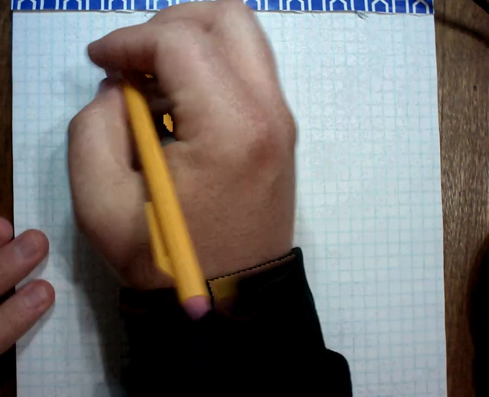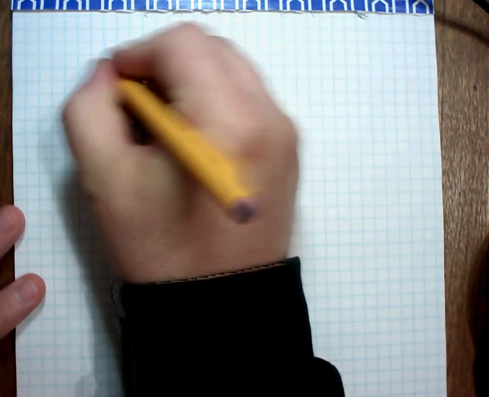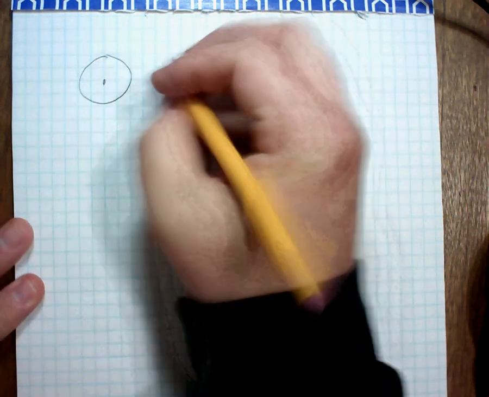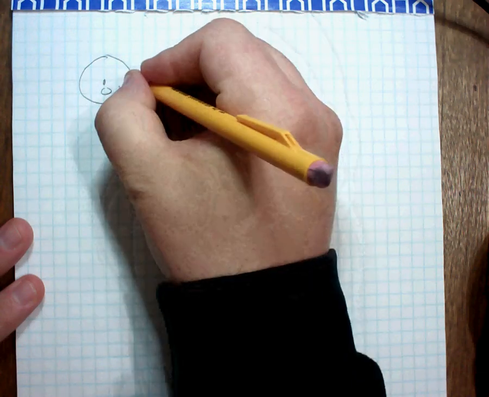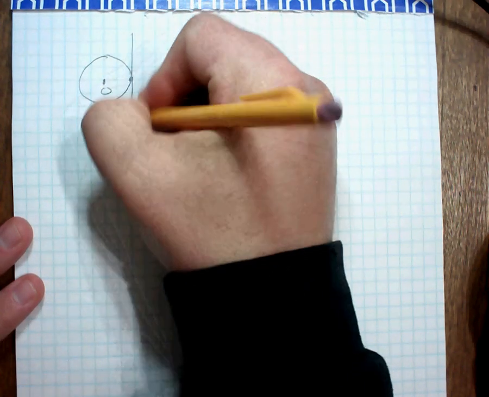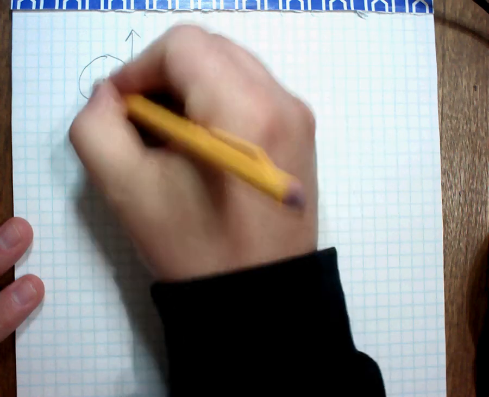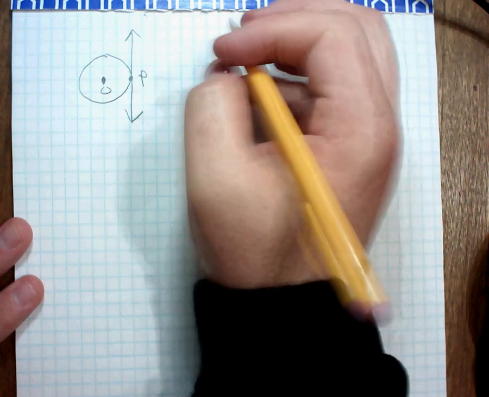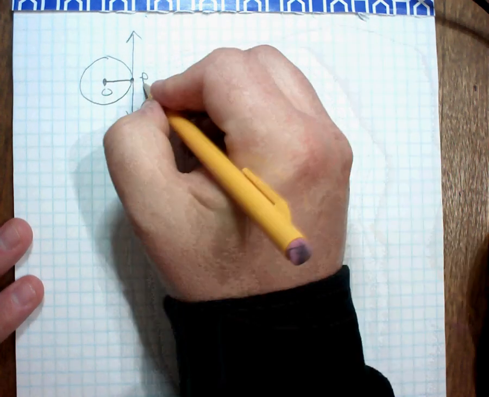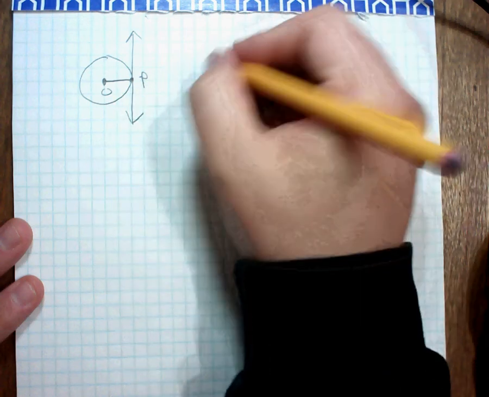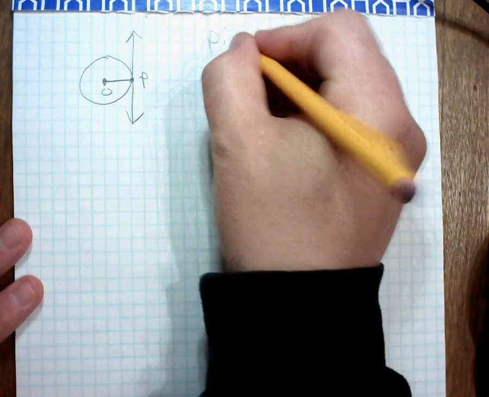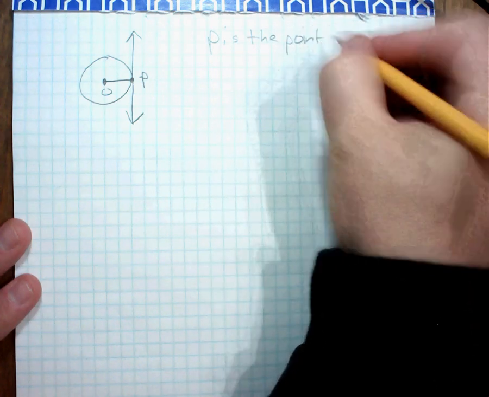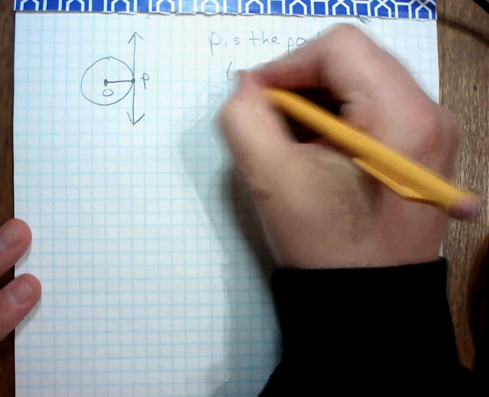For example 3, I need to talk about a couple of things. One is that if I have a circle, and we'll call the circle O, and then we'll have a point of tangency at P. The reason it's called a tangent line, in other words, P is the point of tangency.